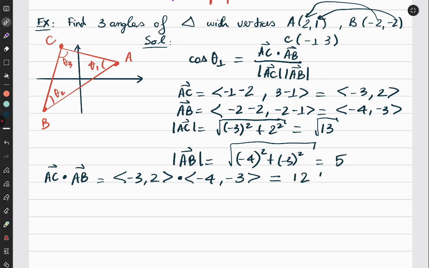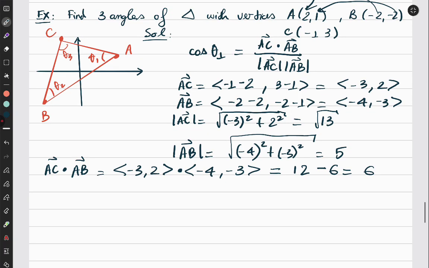Any question here on the slides? Good. Negative 3 times negative 4 is 12. 2 times negative 3 is negative 6. 12 minus 6 is 6.